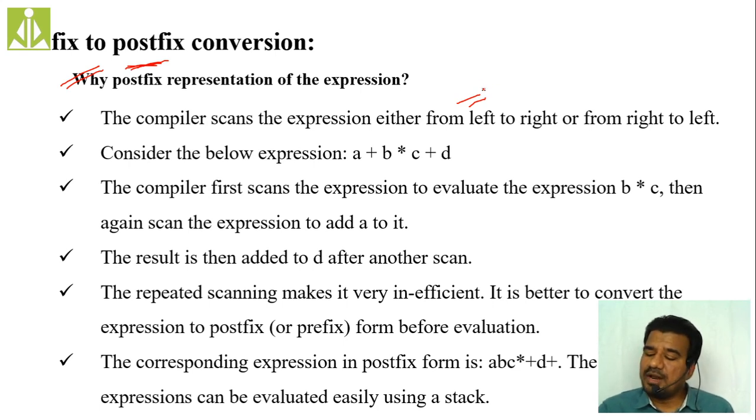If you have more operations to perform, for every operation the compiler has to scan the expression right to left or left to right. It is a repeated process, and something done repeatedly with your computational power is considered inefficient.